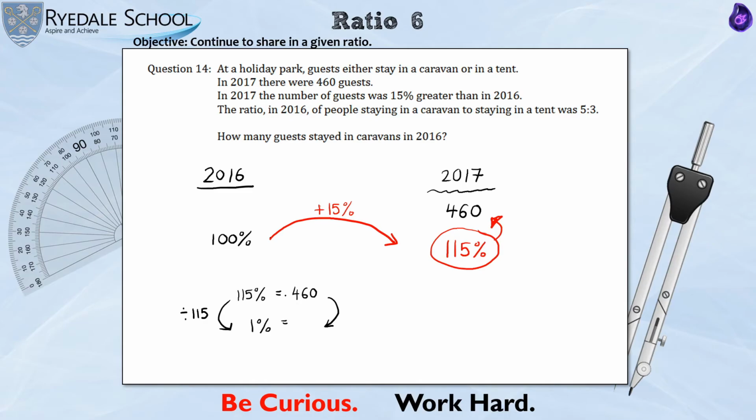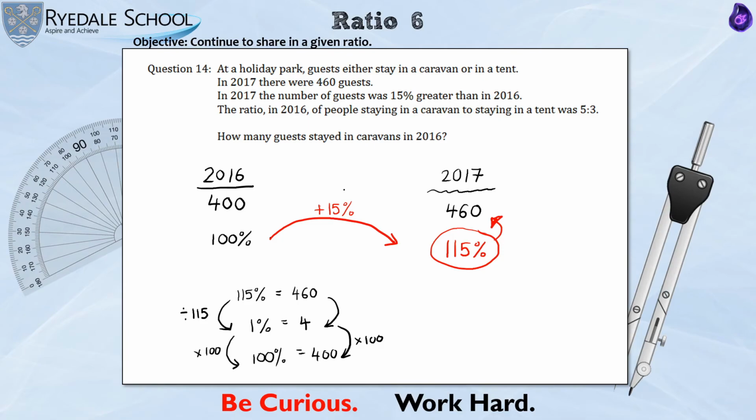And I can do that over here. 460 divided by 115 is a really nice number. It goes in exactly 4 times. So I can get back to my 100% by timesing by 100. So I now know, 4 times 100 being 400, that originally in 2016 there were 400 people.